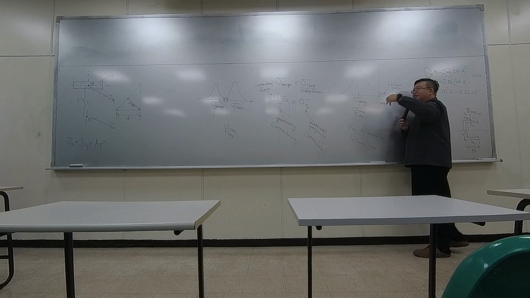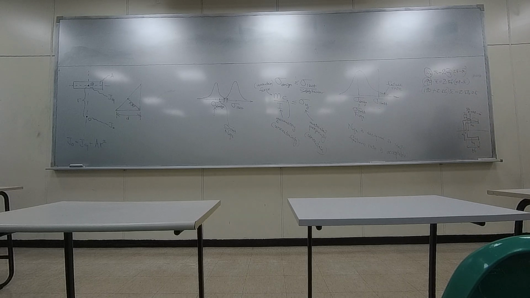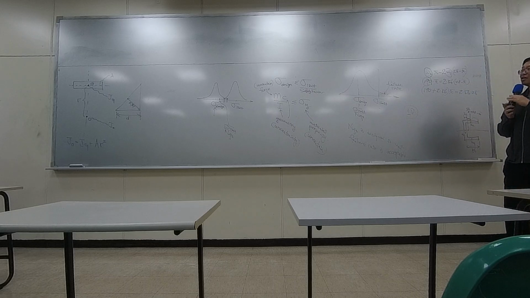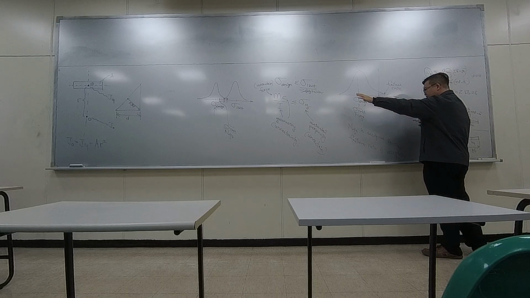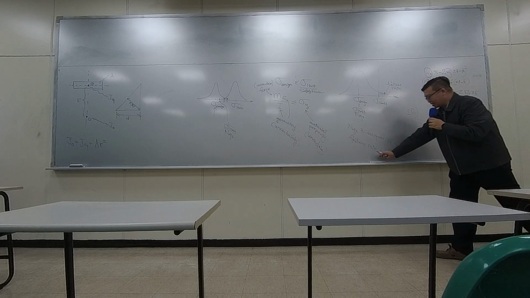So your design space becomes smaller. So this is only for a 1D problem. This is one dimension, because you are only focusing on one particular stress. But in reality, it's not that easy.